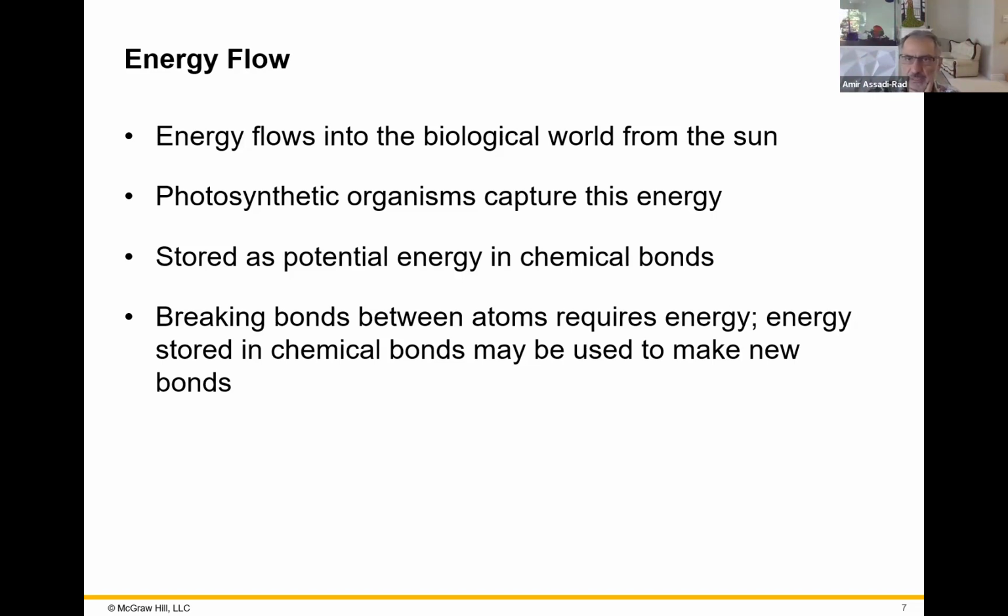I hope I'm making some sense. So breaking bonds between atoms releases energy. Energy stored in chemical bonds may be used to make new bonds. Yeah, that is true. But anyhow, remember, those chemical bonds that eventually you and I use are coming from the sun. The sun is the ultimate source of energy. It puts those chemical bonds together.